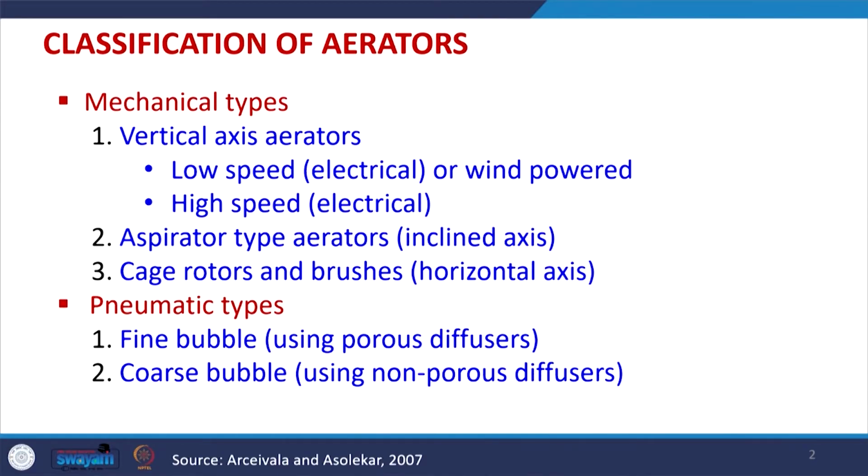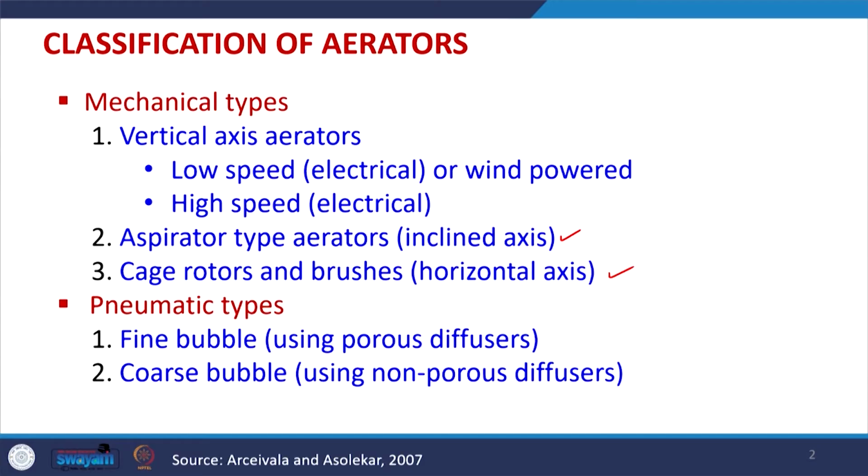Then we have inclined axis aerators, which are also commonly called aspirator type aerators. Third, we have horizontal axis aerators, like cage rotors or brushes. This classification of mechanical type of aerators is very common.